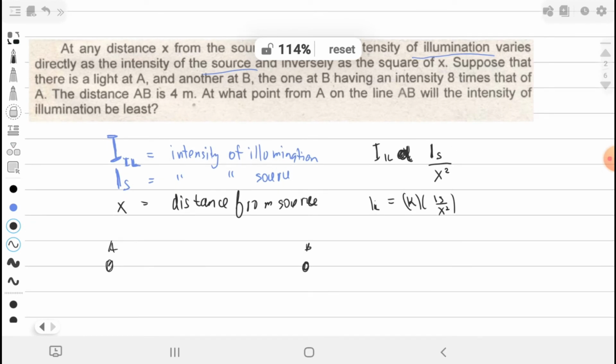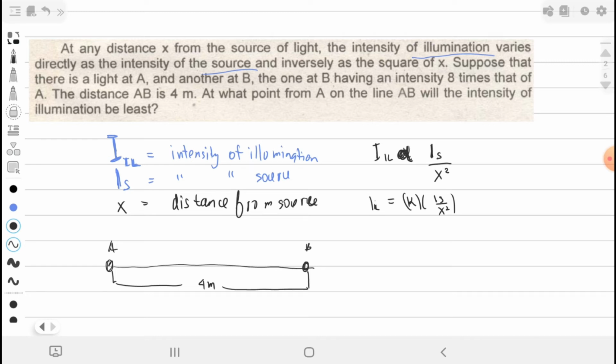The distance AB is 4 meters. At what point from A on the line AB will the intensity of the illumination be least? So let's say from A to B, we have 4 meters. So, what is the point where there is the least intensity of illumination?